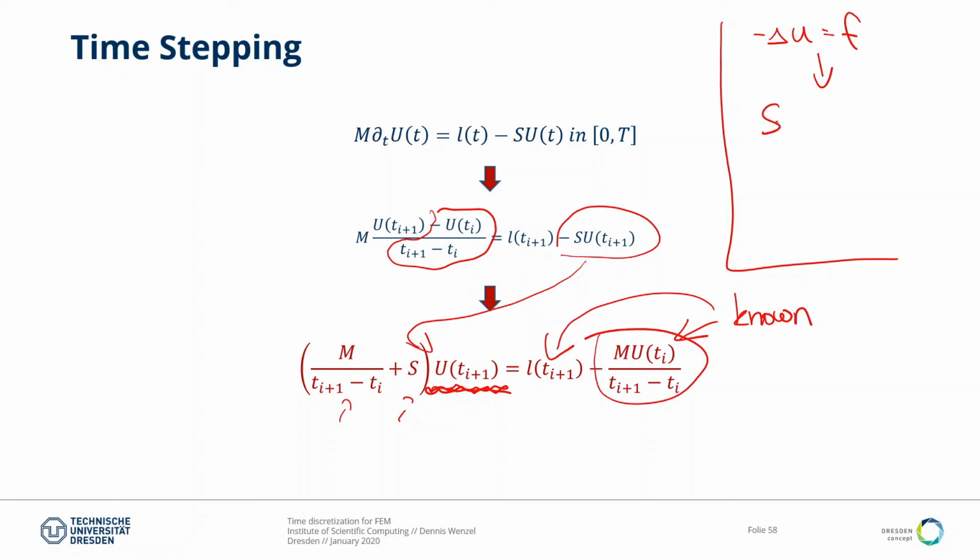We arrived at a linear system of S times u equals L. And if you think about this, the only difference here now is that you have additional time dependence. So you now have M over time step plus S times u equals L minus M times u old over time step.